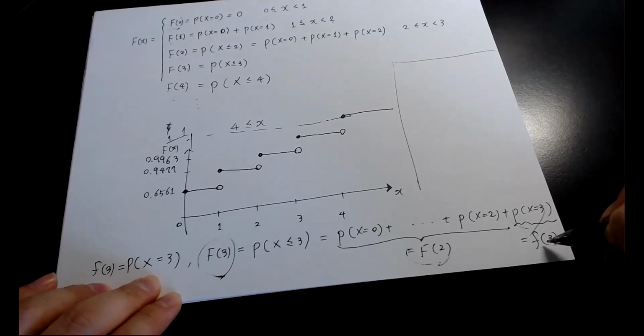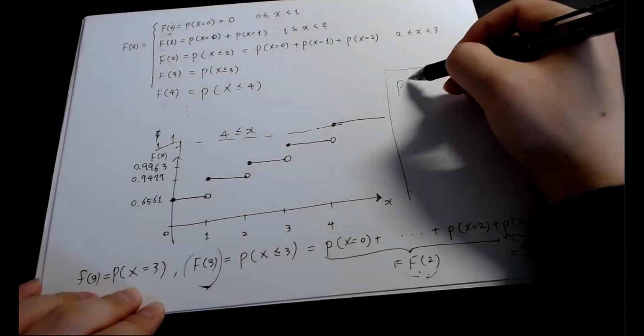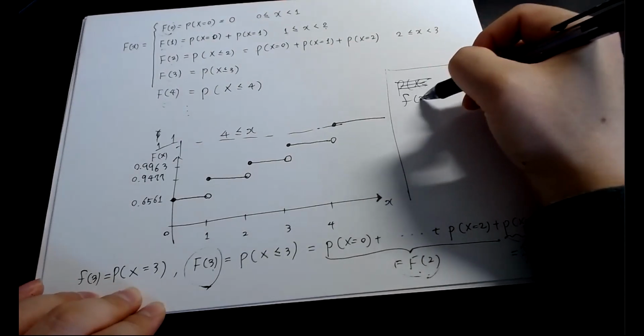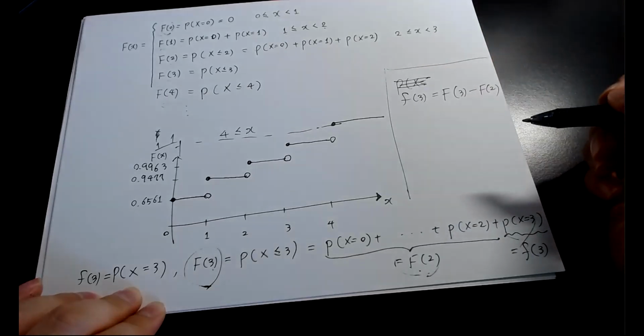So the PMF f of 3 is equal to the CDF F of 3 minus the CDF F of 2. You see? So the probability that X equals 3 is equal to F of 3 minus F of 2, right?